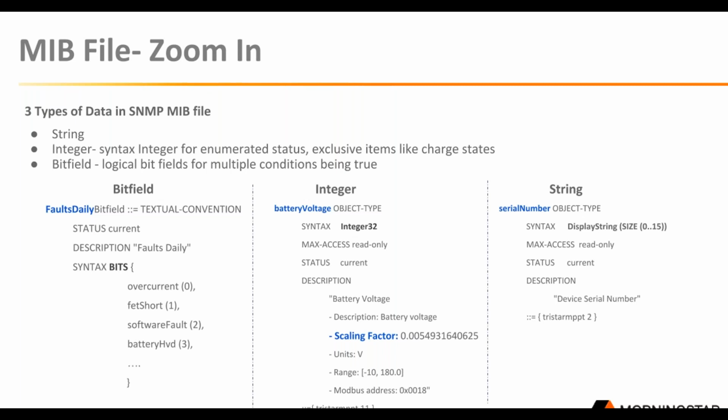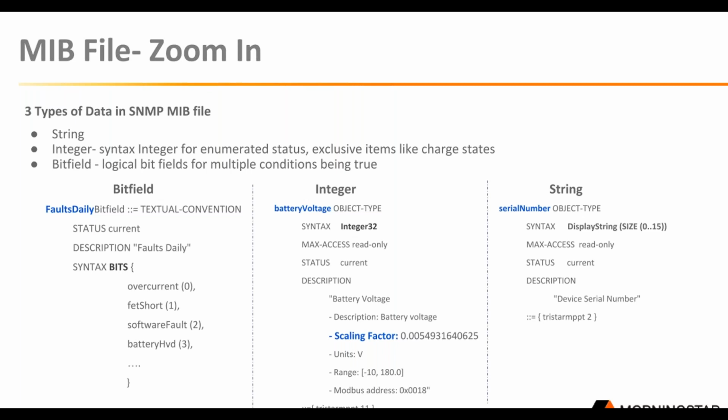And the network management system, as it's reading that enumerated field, resolves an integer, and then the integer corresponds to a specific readout with a text string attached in the MIB file. So you'll see those listed.